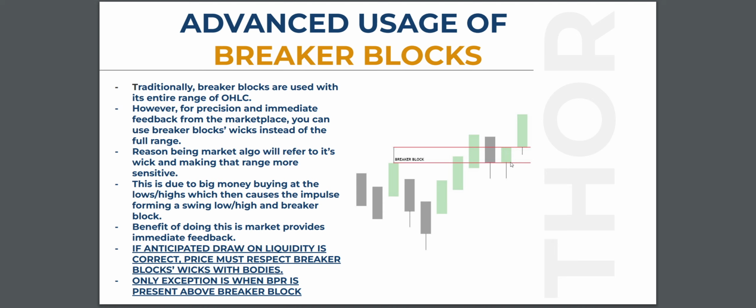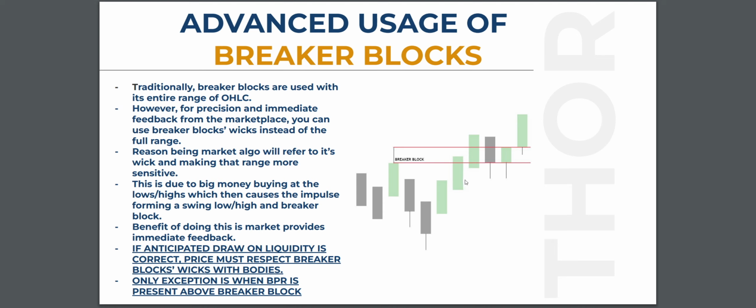Now, one thing here: sometimes you might not get a reaction, or let me put it this way. Sometimes you'll see bodies are not respecting the wick of the breaker block. Sometimes you'll see a candle body close outside of it, and then later it still expands, right? That can happen. But there's a general rule of thumb for that.